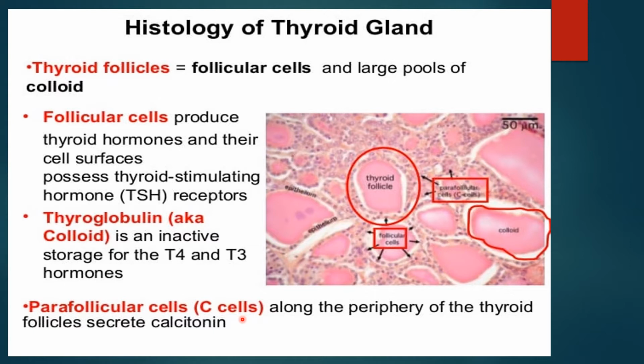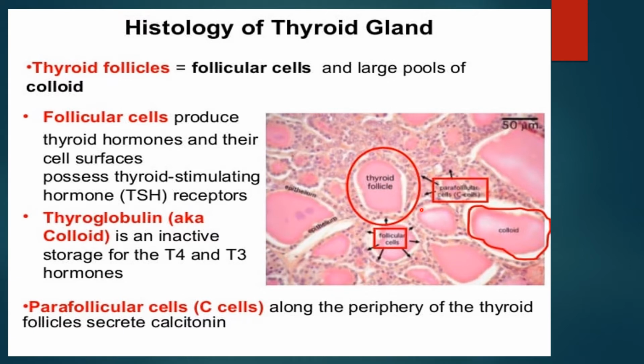The thyroid gland is basically made up of thyroid follicles, these follicular cells, and a large pool of colloid. As you see in the picture, this is a thyroid follicle, this is a thyroid follicle, and the pinkish eosinophilic material is the colloid which is present in the lumen.